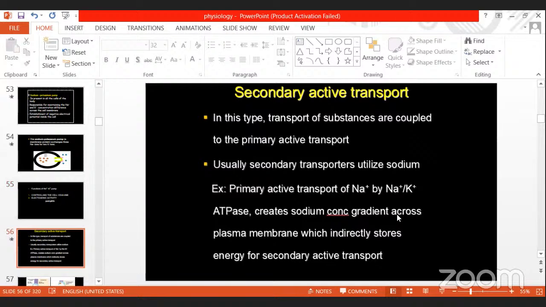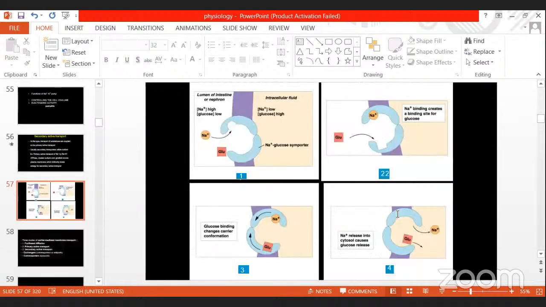Coming to secondary active transport, the transport of substances is coupled to primary active transport. The primary active transport of sodium by the sodium potassium ATPase creates a sodium concentration gradient across the plasma membrane, which indirectly stores energy for secondary active transport like the sodium glucose symporter.